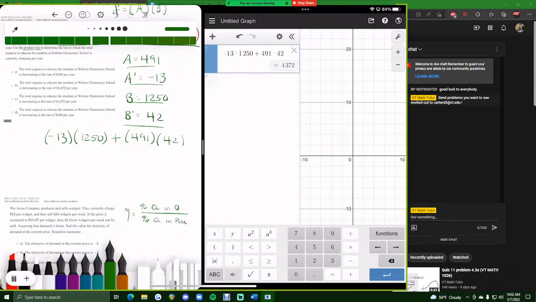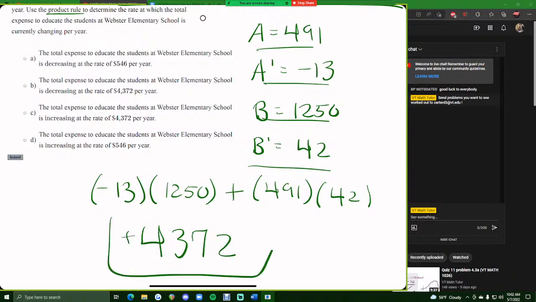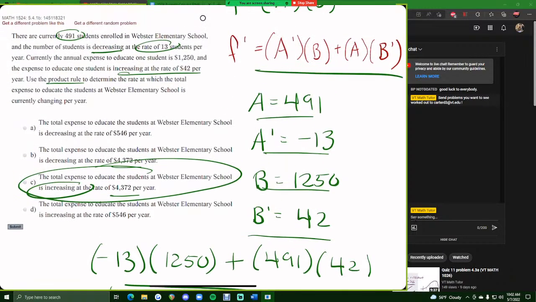Gives us 4372. That is a positive 4372, which means if we see 2 answers, we are looking for the one that mentions increasing. And that's it.